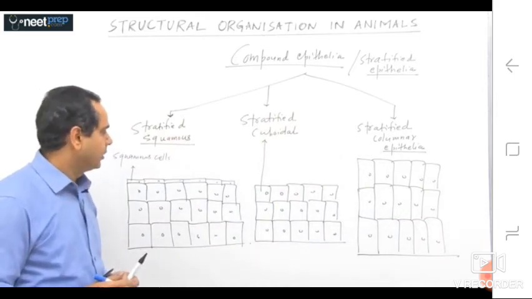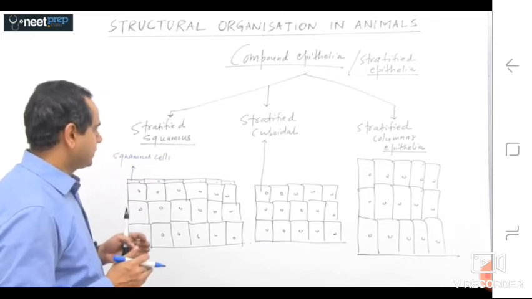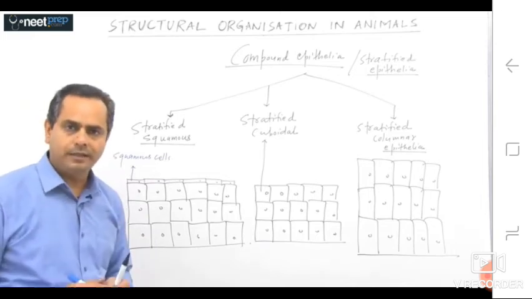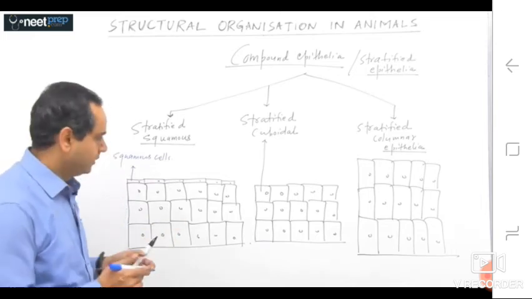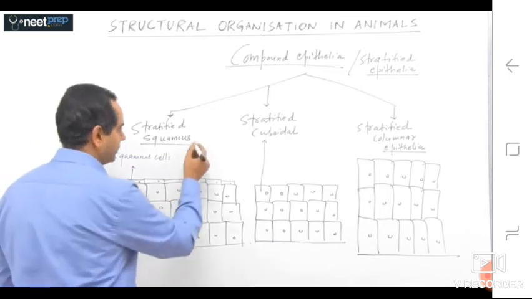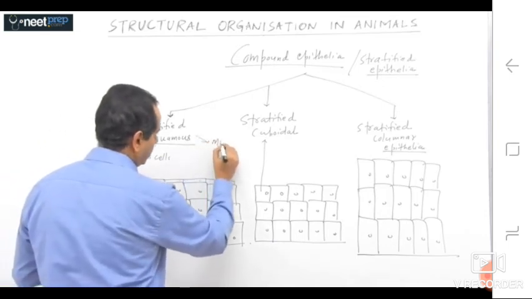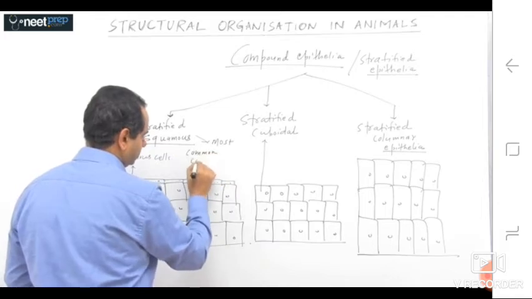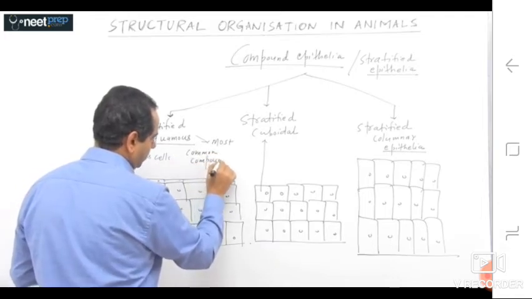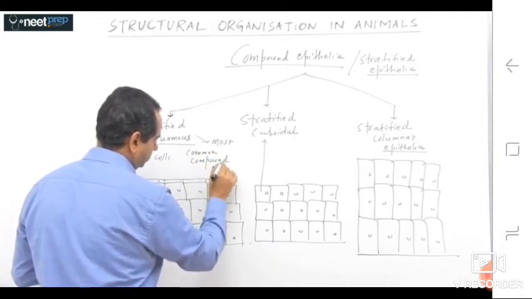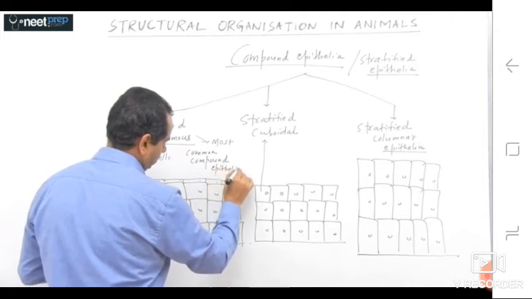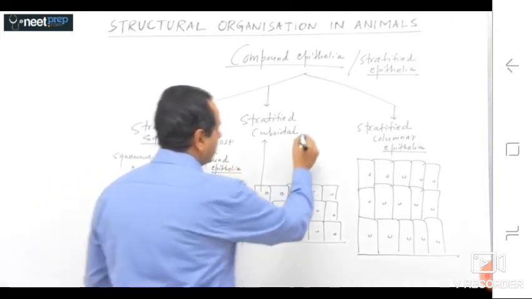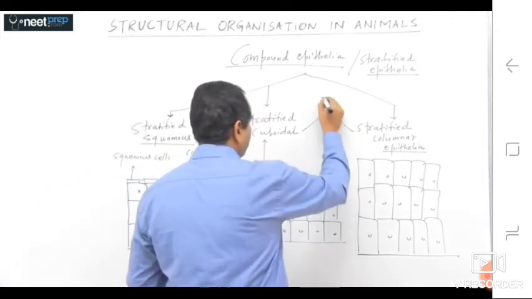And remember, the most common stratified epithelia is stratified squamous. Stratified squamous is the most common compound epithelia. And these are rare types.